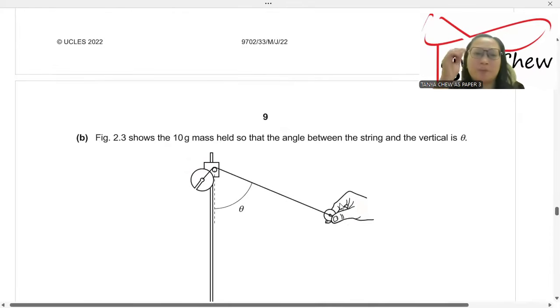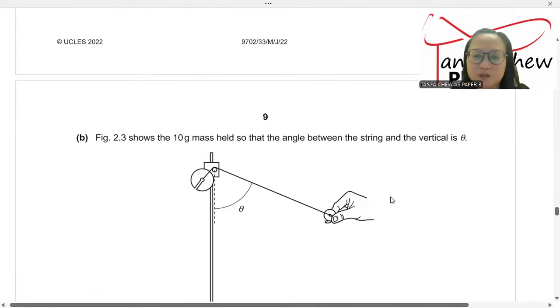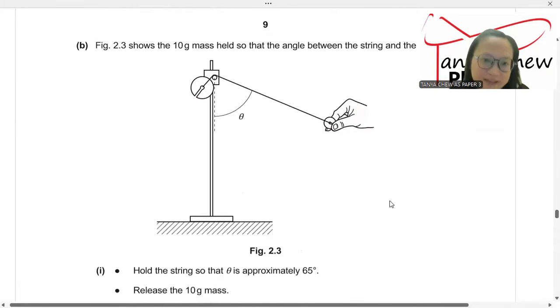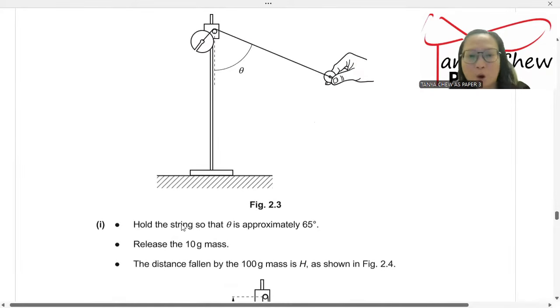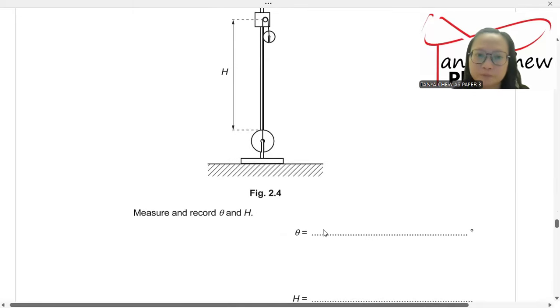And B, Fig 2.3 shows the 10-gram mass held so that the angle between the string and the vertical is theta. So the first part, hold the string so that theta is approximately 65 degrees. Release the 10-gram mass. The distance fallen by the 100-gram mass is h as shown in Fig 2.4.